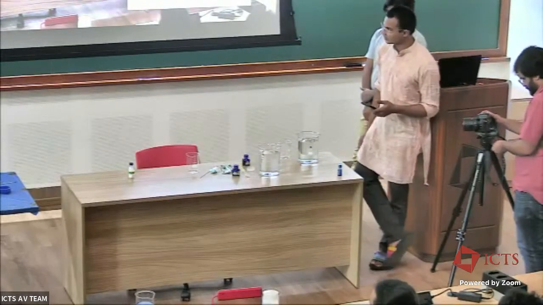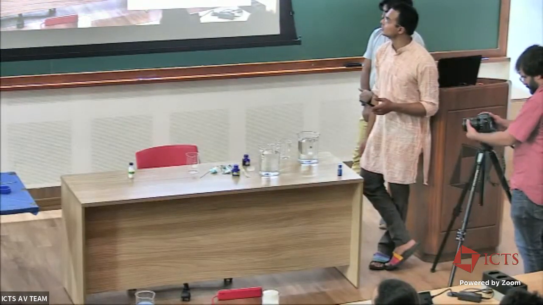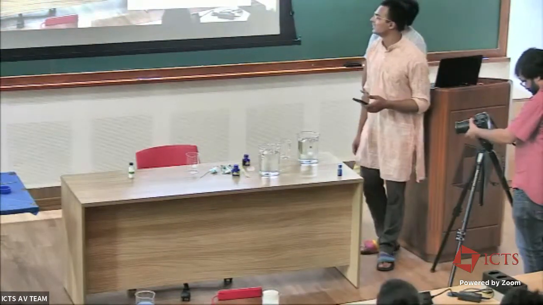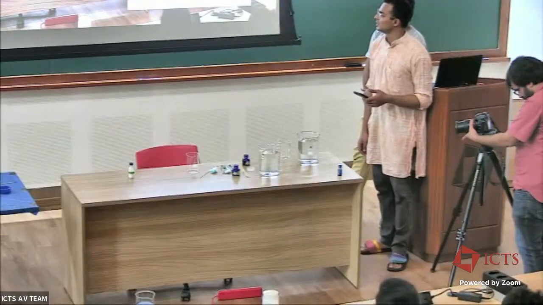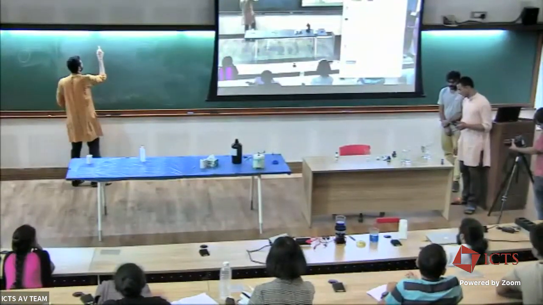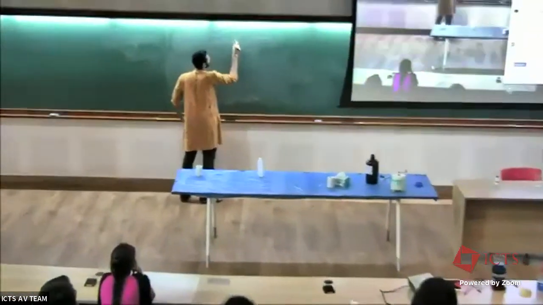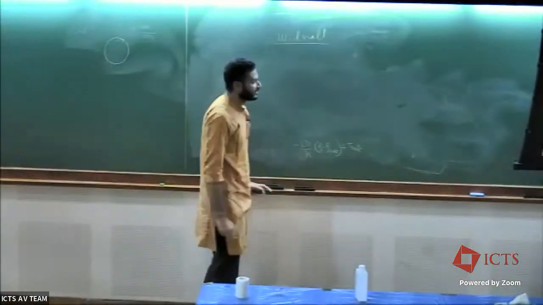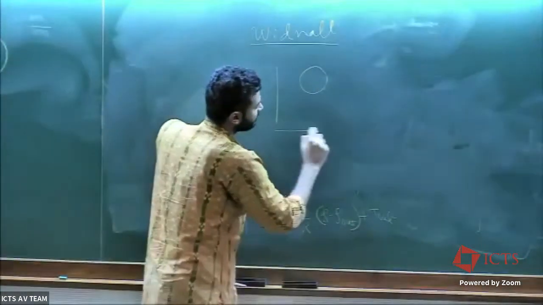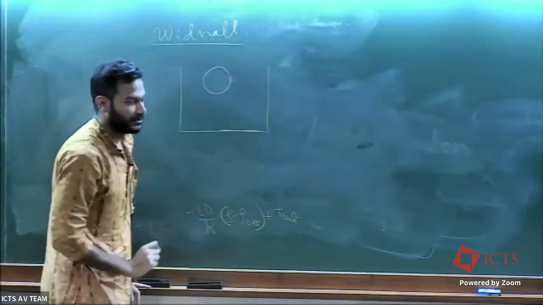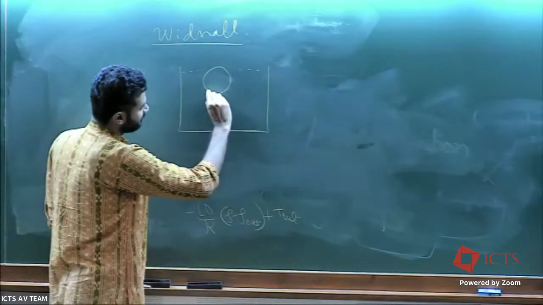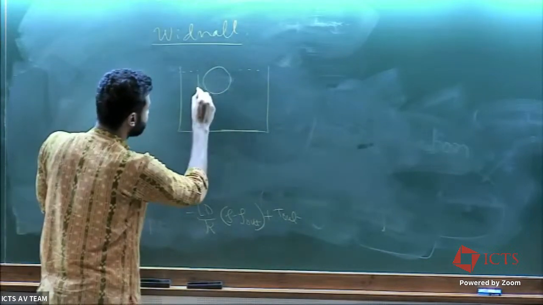So we'll drop a blob of ink in water. Vignal instability. So basically what we'll do, we'll take a blob of ink and drop it in water. Now the moment you drop it, it will drop like this.